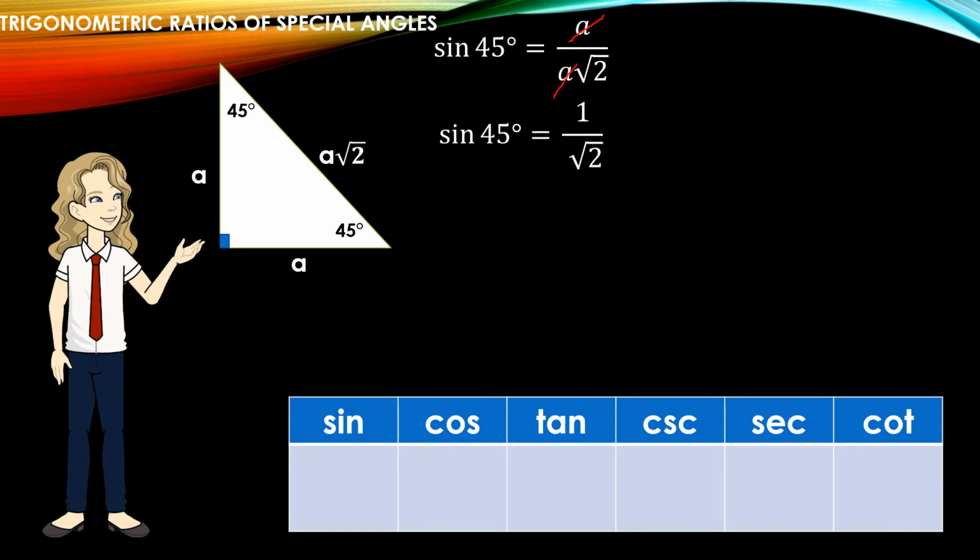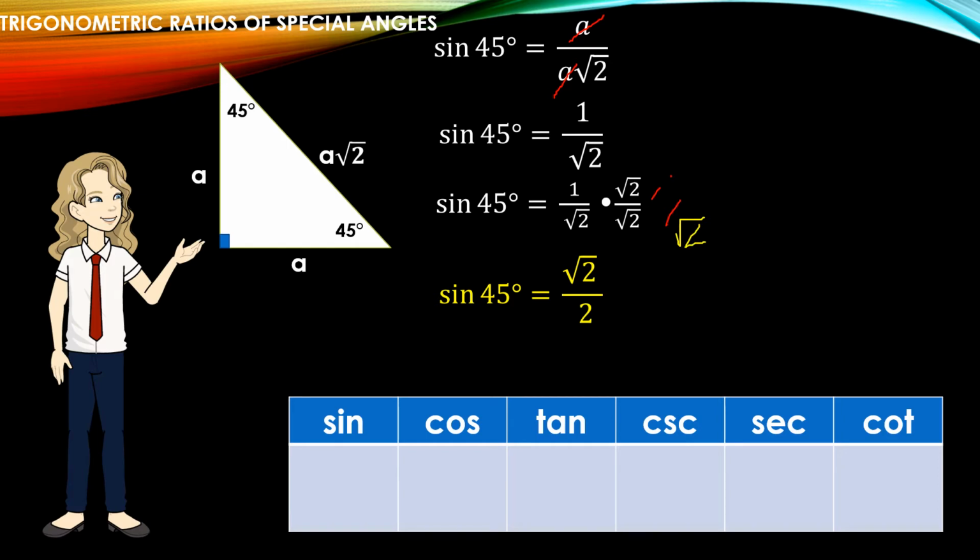Then we need to rationalize, multiplying by square root of 2, both numerator and denominator. Then 1 times square root of 2 is square root of 2. Then square root of 2 times square root of 2 is square root of 4. What is the square root of 4? That is 2. So our sine 45 degrees is equal to square root of 2 over 2.